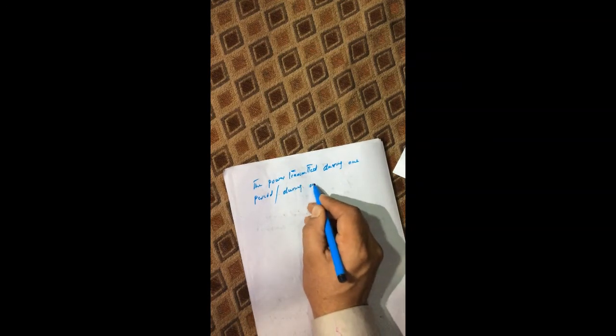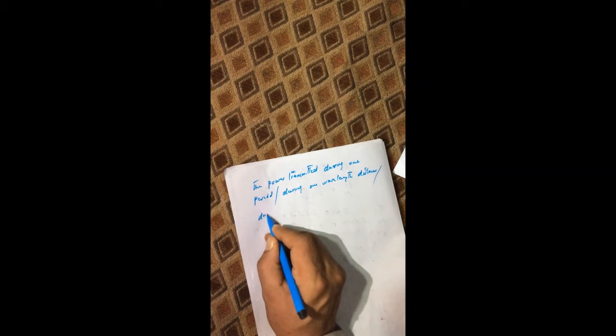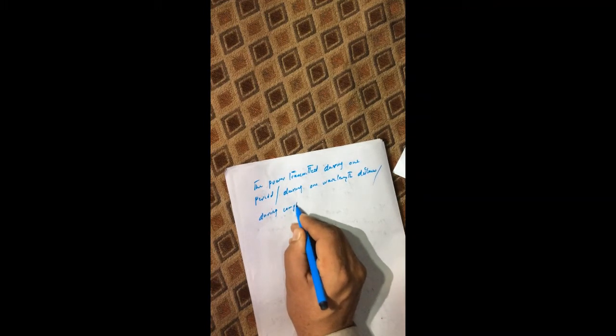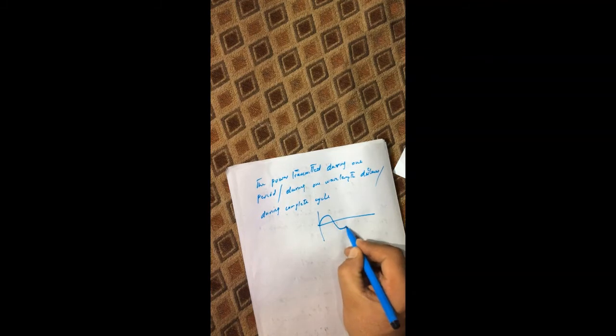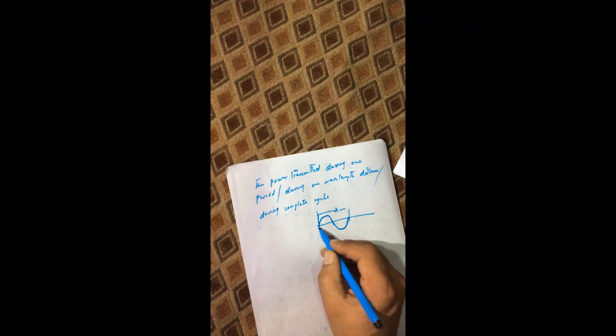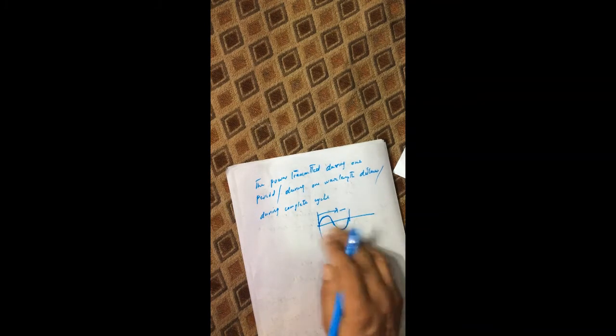This is one complete cycle. We can say that this is one wavelength also. This is one period. So we will calculate the power in this one.